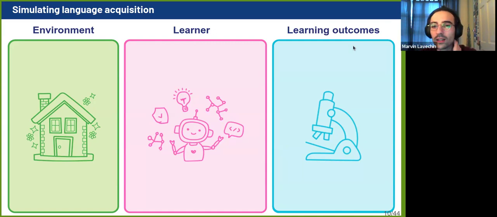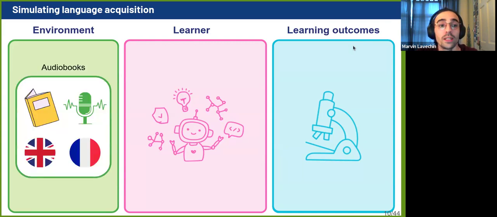This is akin to how we measure language capabilities of infants in the lab. For this first study, we used large quantities of English or French audiobooks, and the idea is to simulate the development of an English-learning or French-learning infant.